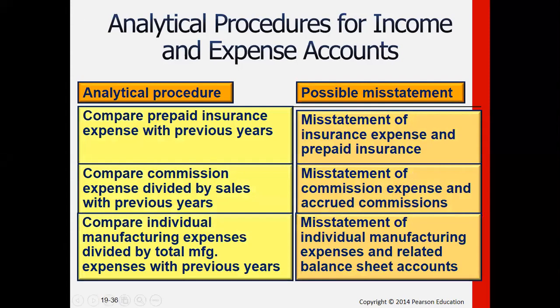Then what about prepaid insurance expense with prior years? Related insurance expense and prepaid insurance could be misstated. What about other expense items, like commission expense by sales? Also for the accrual of commission, the expense and accrual could be misstated. What about individual manufacturing expenses by the total?